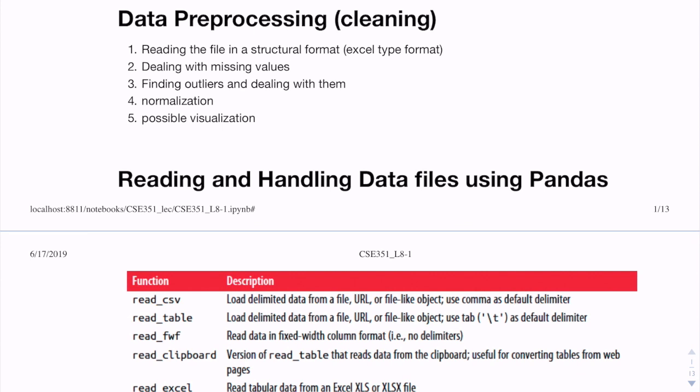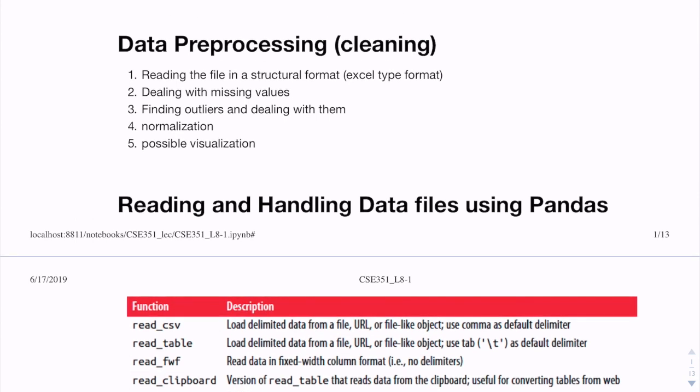The first step is to read the file. Usually the data are collected in a raw format in a file. Sometimes they're not very structured. We need to make them structured. And what we want to have at the output of our file is a two-dimensional array.